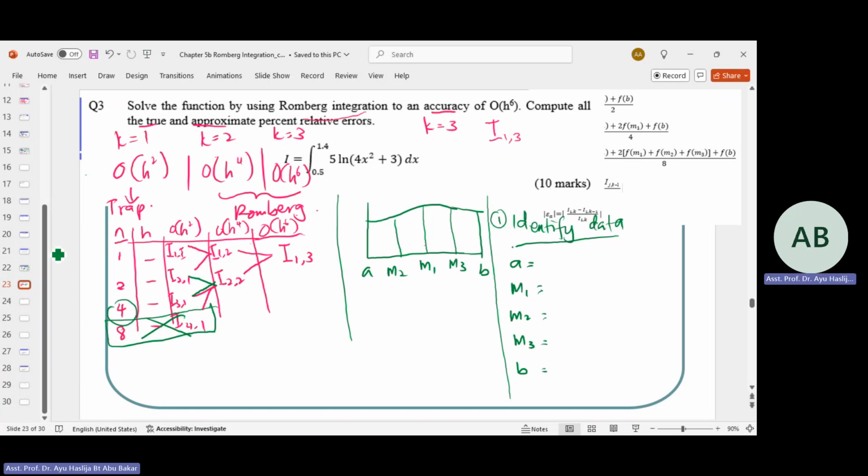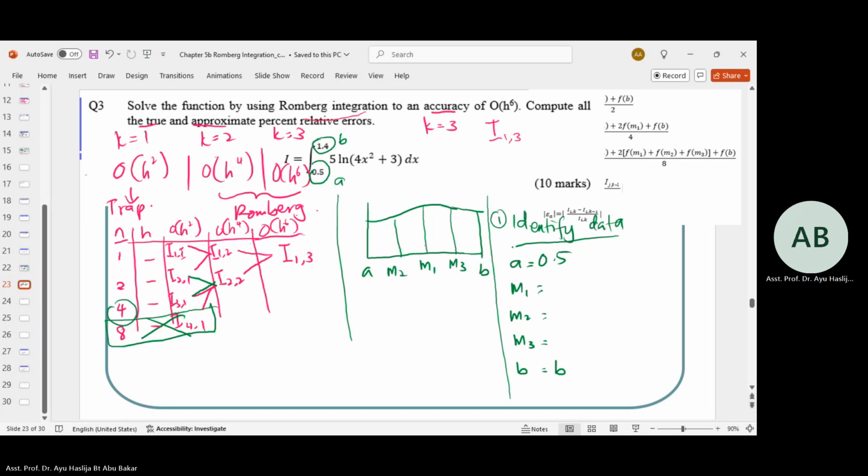For the first segment, this is your A, this is your B. First segment, you will have 0.95.